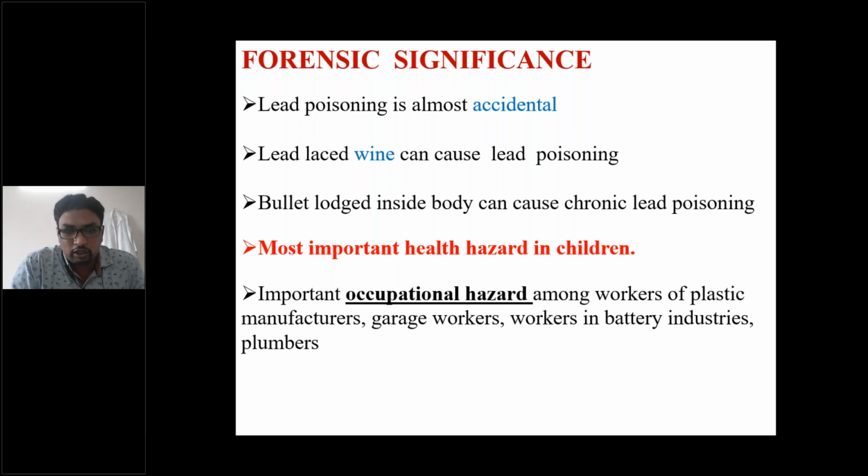And the most important health hazard is in children because it causes lead encephalopathy. It is also an important occupational hazard among workers of plastic manufacturers, garage workers, workers in battery industries, and plumbers.